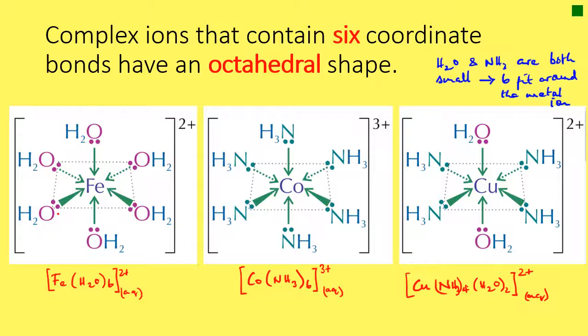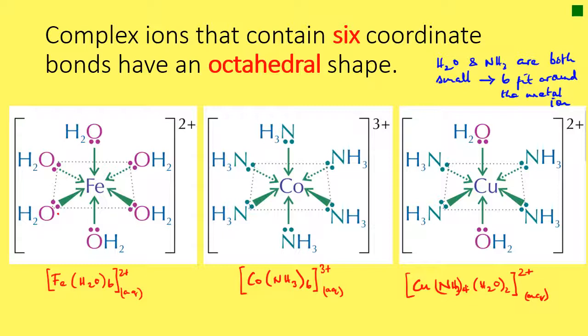And because our ammonia is a neutral molecule, all those 3+ must come from the cobalt ion. So that would be a cobalt 3+ ion. And by the way, they're both aqueous, as is the third.